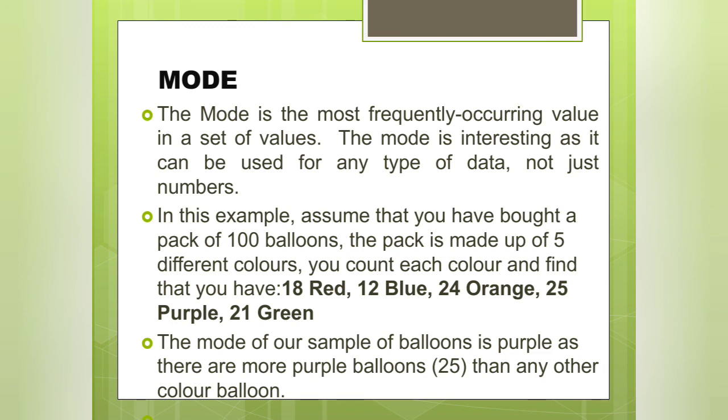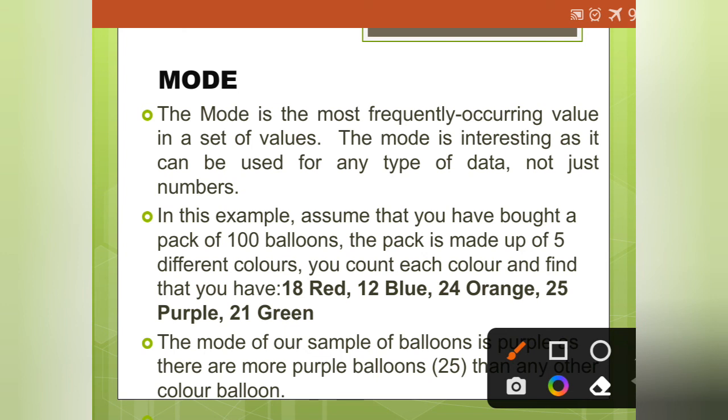So the mode of our sample of balloons is purple, as there are more purple balloons, 25, than any other color. There are some cases in which 2 or 3 numbers occur the same number of times. In that case, the mode will be more than 1. For example, if I have the data 1, 2, 1, 4, 2, 5 and 3.